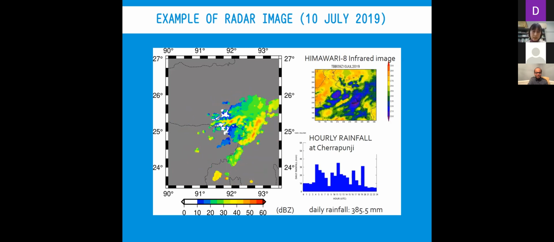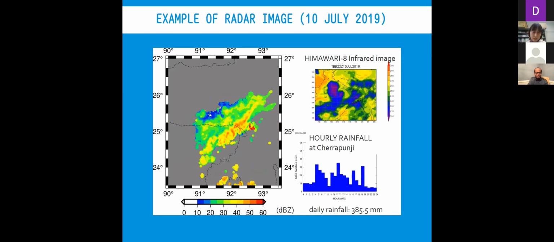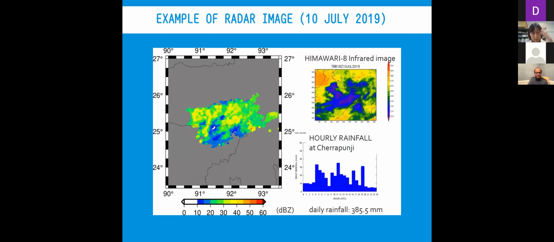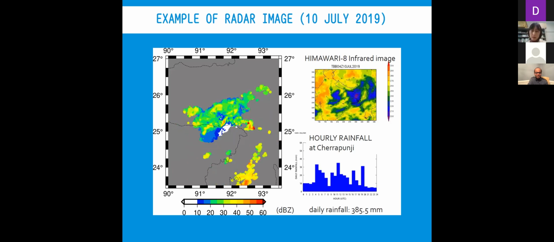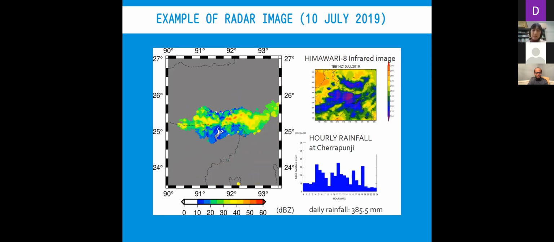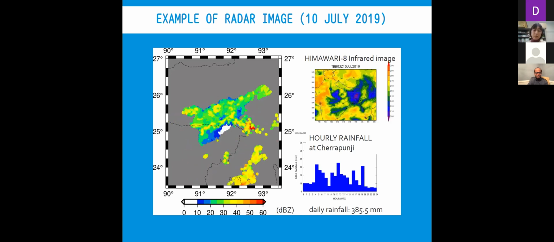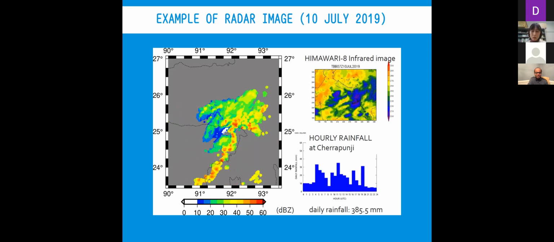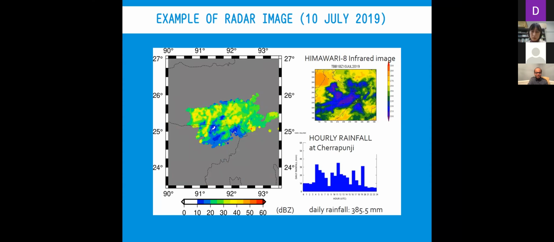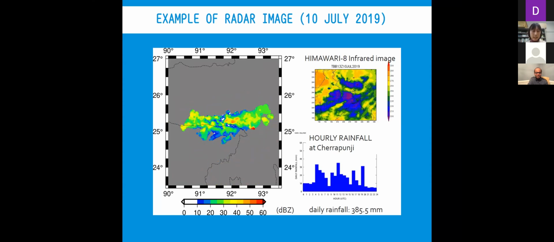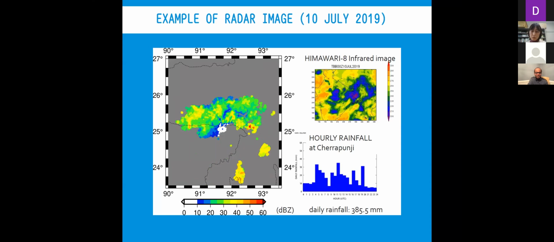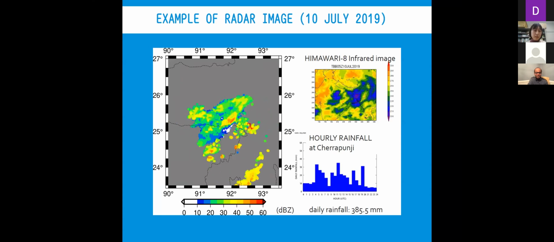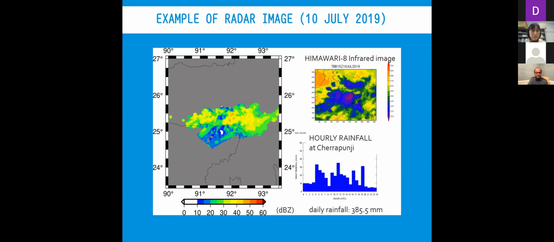The daily rainfall of this date is around 400 millimeters. This sample is in the active rainfall spells of intraseasonal variation. So precipitation covers the southern slope of the Meghalaya Plateau during the whole day. And also we can see two squall lines passing through Cherrapunji from south to west.